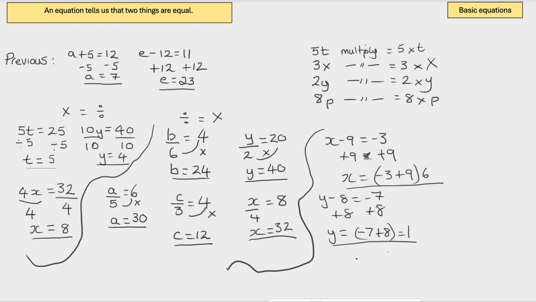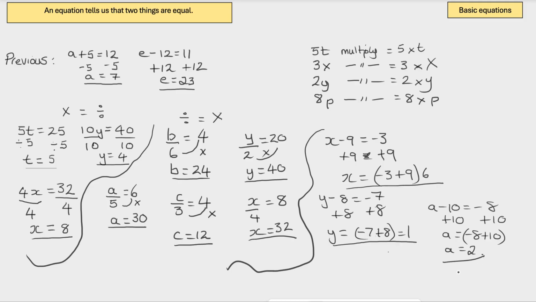And let's do one more. Let's do a minus 10 equals minus 8. Plus 10, plus 10. So a equals minus 8 plus 10. So a equals 2.